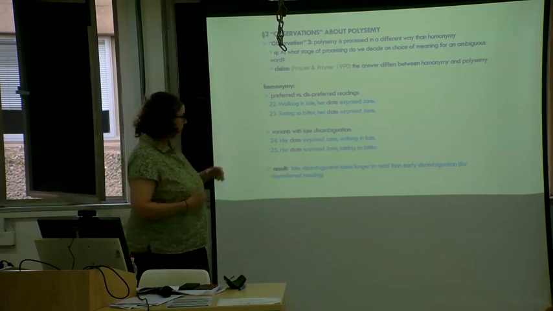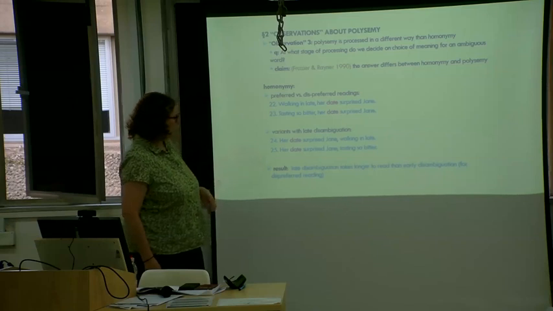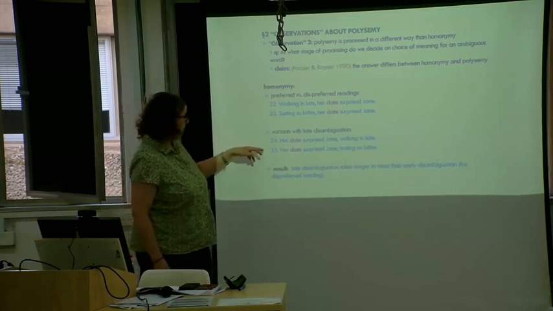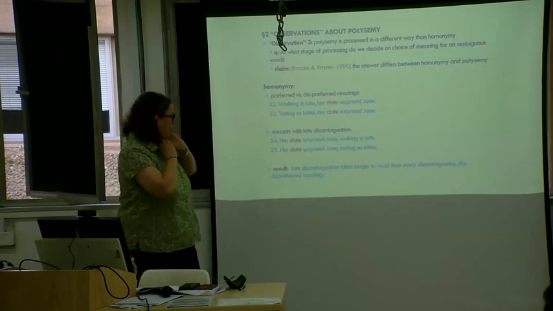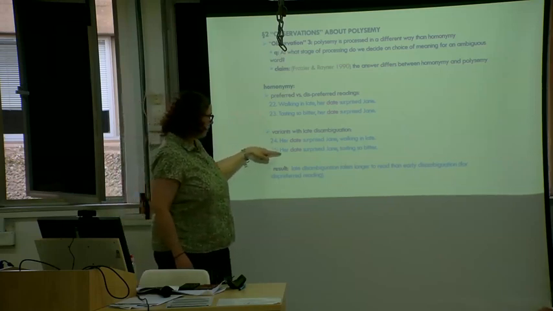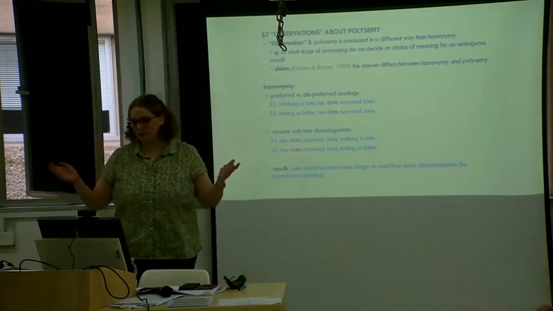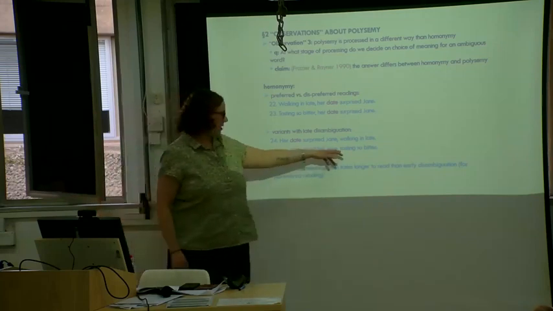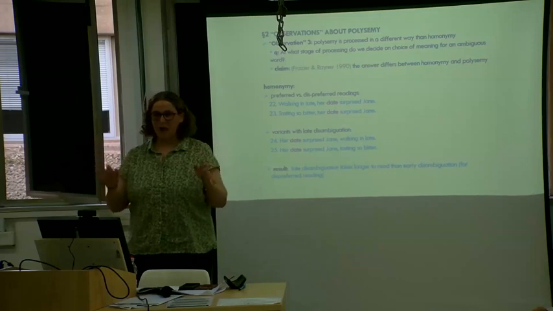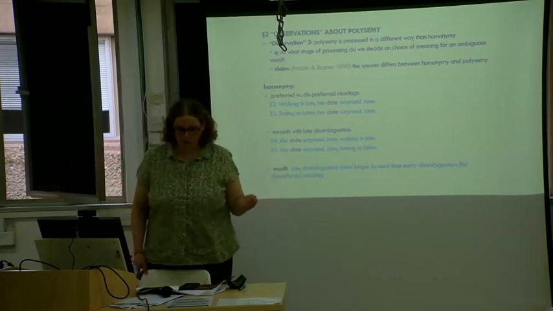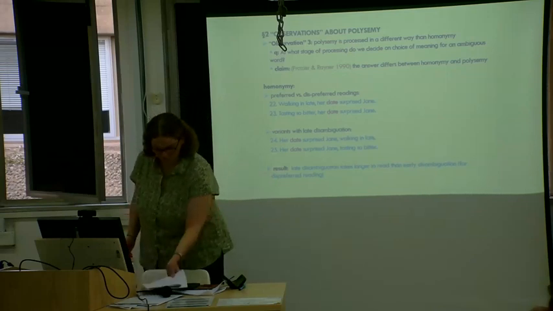This is the dispreferred reading of date, and the ones with the late disambiguation get a longer reading time than the earlier ones. The thought is that when speakers first read her date surprised Jane, they pick the default reading of date, which is someone you go out with. Then when they see the second clause, tasting so bitter, they realize that meaning doesn't make sense, and they have to backtrack and reinterpret the noun, which is costly in terms of processing.